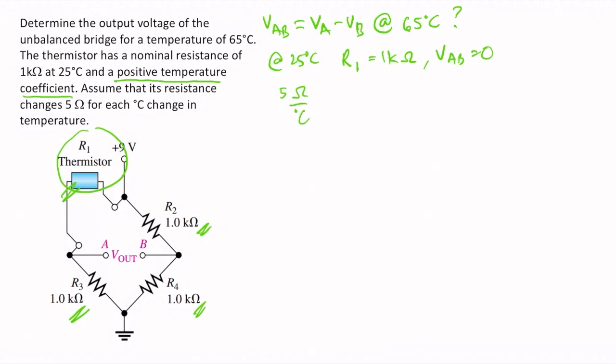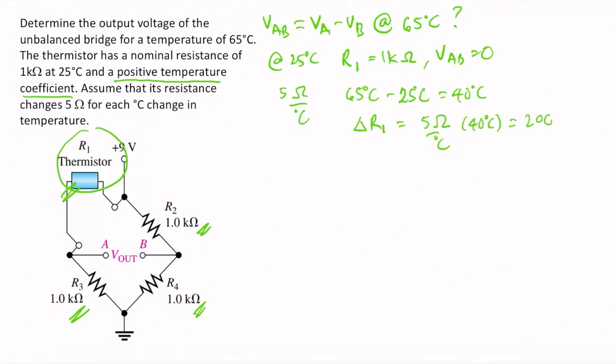Okay, so if the temperature is 65 degrees Celsius and we compare that to 25 degrees Celsius, that's a 40-degree change. That means that R1 changed by, okay, 5 ohm per degree, multiplied by 40 degrees Celsius.